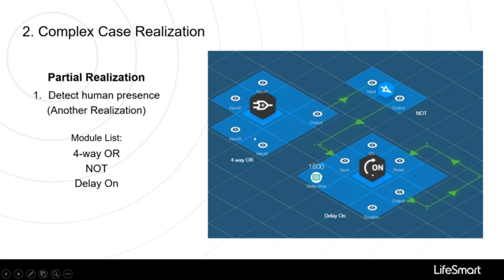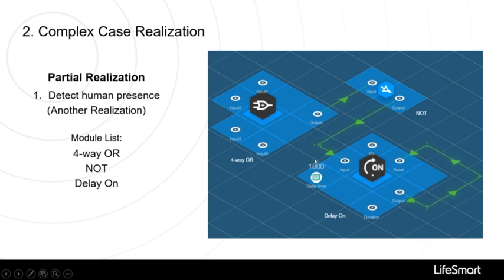So let's see the logic again. Still we have 4 motion sensors in these 4 inputs of a 4-way OR. If no movement is detected in this 4-way OR, the output of the 4-way OR will be 0. After the NOT operator, it will become 1, which will trigger the start of the delay on module, and the delay on module starts to count for 1800 seconds.